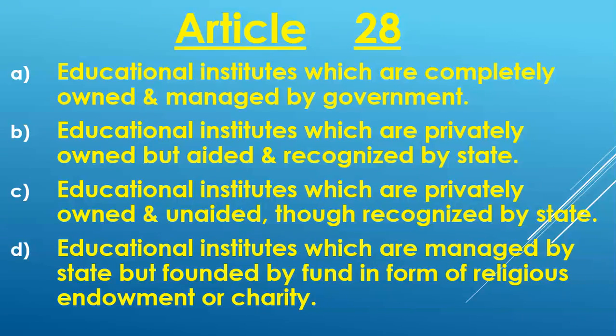First of all, the question arises: what is this religious endowment or charity? It means religious donation, donation for religion, a gift for God. When people give donations to temples, to their religion, it is known as religious endowment or charity.